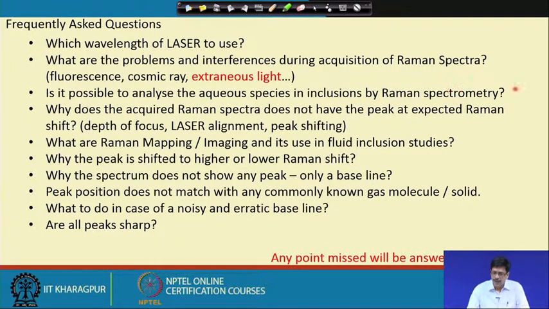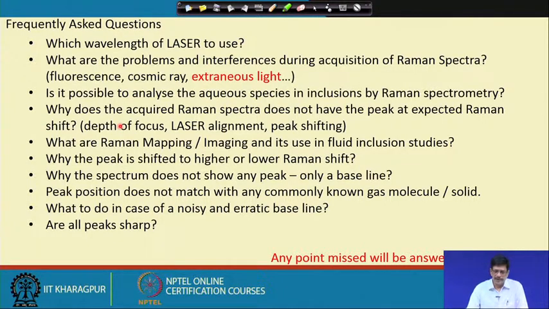We also have the provision that the spectrometer and the microscope are coupled, and we have a stage, like a Linkam stage, mounted on that. So, we can take the Raman spectra when the temperature is very low. It is basically known as cryo-Raman spectrometry.